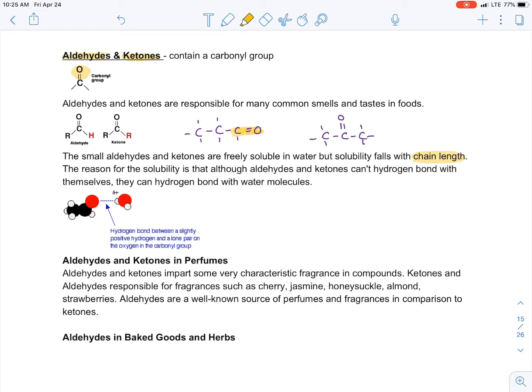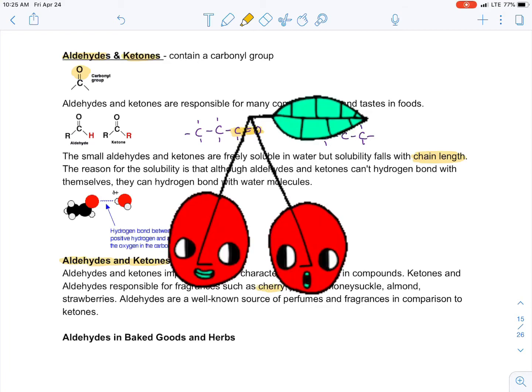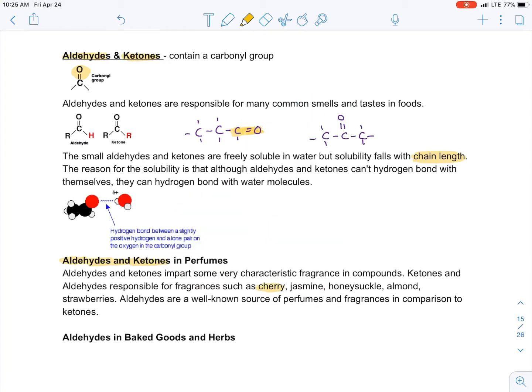All right, now aldehydes and ketones, you'll see these things in perfumes and smells and flowers. Some things that you probably know would be like the smell of cherries, right? Sweet. I don't know if you smell this very often. We're a little bit cold for this, but a flower known as jasmine, oh, it smells so good.